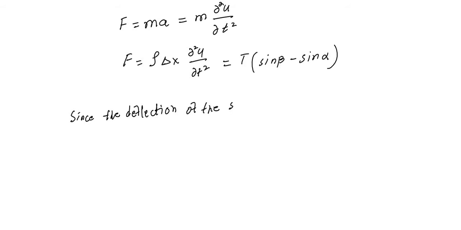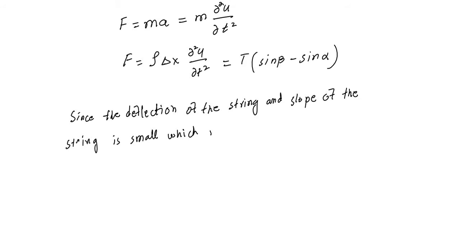of the segment of the string, the slope of the string is small, and hence alpha and beta, which are the angles, are also small.